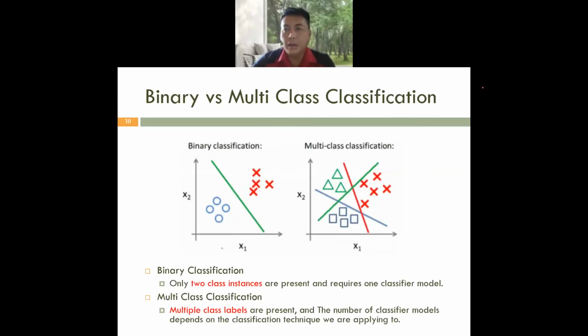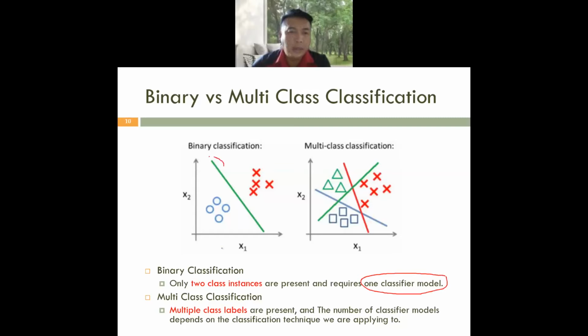Now let's take a look at multi-class classification. What are the differences between binary classification and multi-class classification? In binary classification, only two instances are present and it requires only one classifier model.